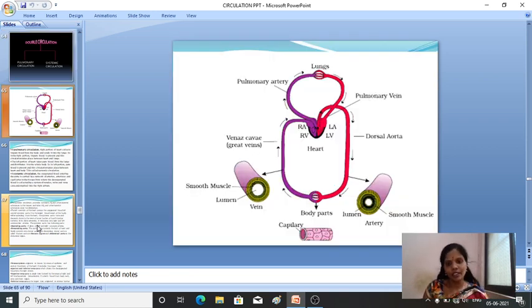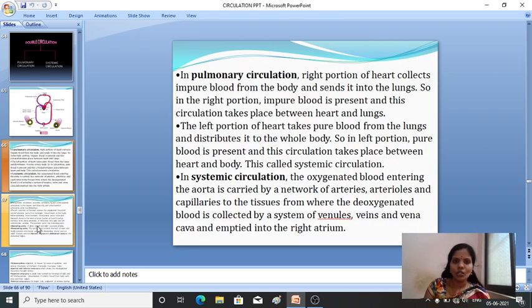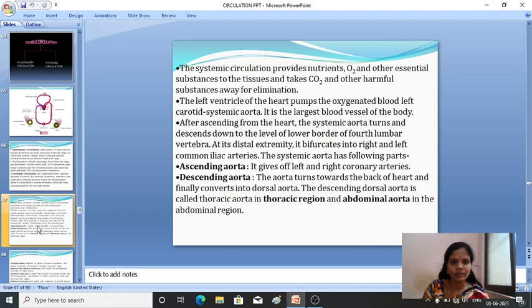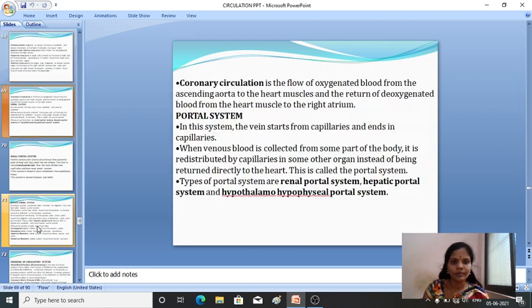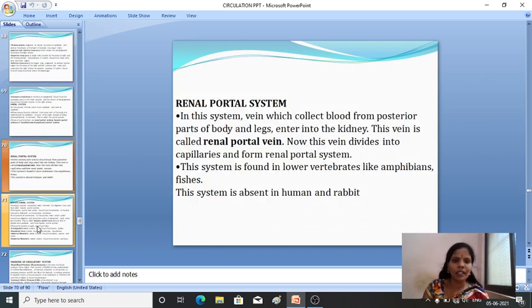This is a diagrammatic representation of double circulation. Then the portal systems: the renal portal system and the hepatic portal system.